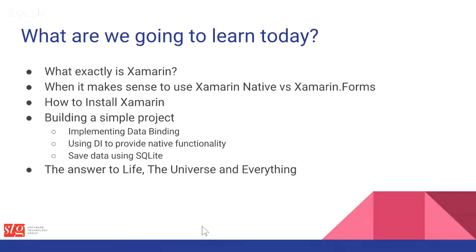But there are some things that you have to do specific to each environment. And we'll talk about how to implement that and how to deal with those things. And then we're going to save data using SQLite. SQLite is a database that's on iOS and Android. It's really easy, and you can just pop your data into SQLite, and we'll talk about how to do that. And then I will give you the answer to life, the universe, and everything. So, right? We'll get there.